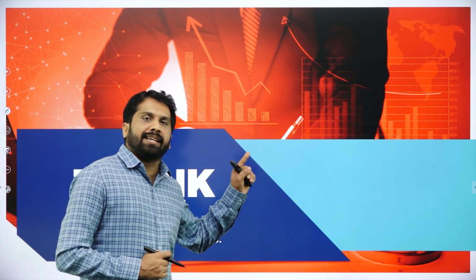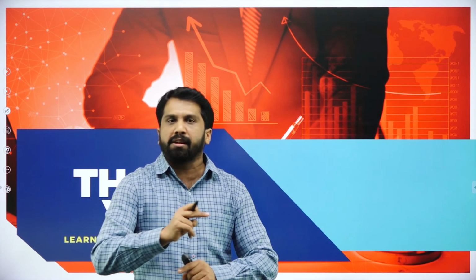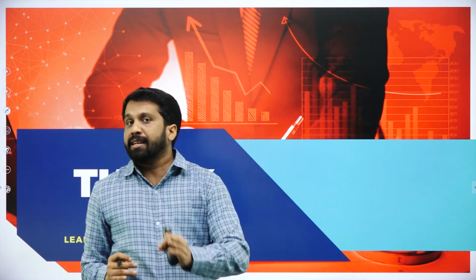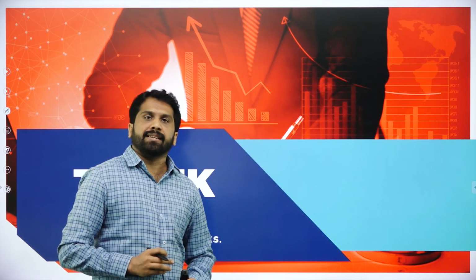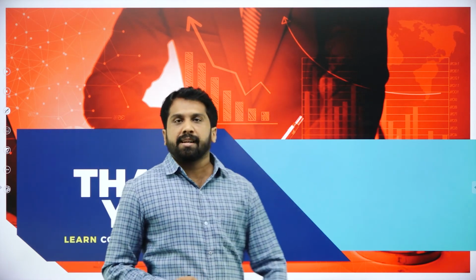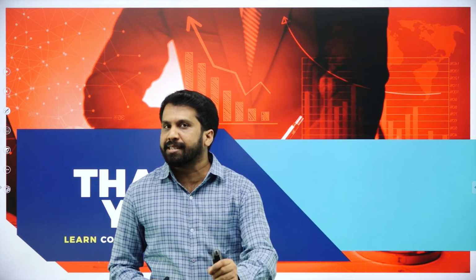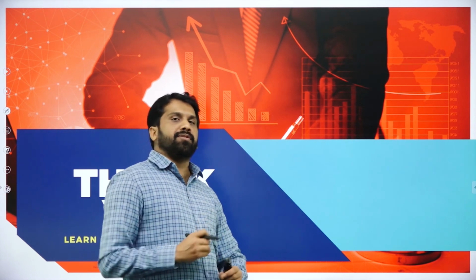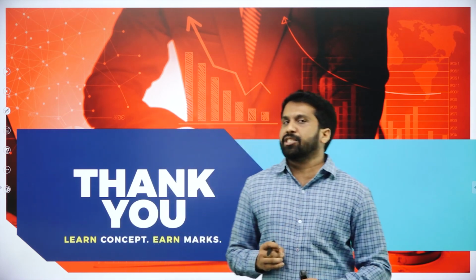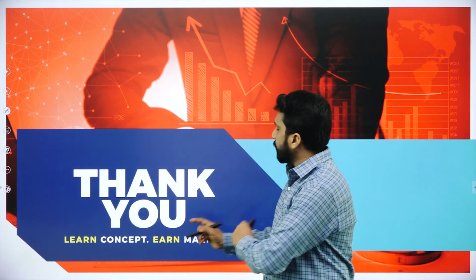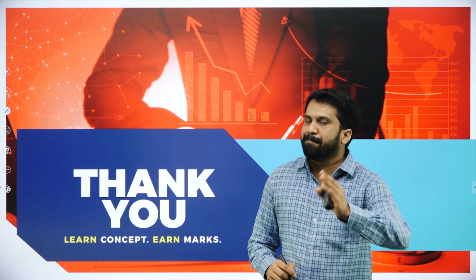Whatever format I gave you, the same format you have to follow. But direct expenses you have to be careful while considering. And also I'll give you a note that sales you should not consider under cost of goods sold. This is all about today's session. We'll end this session with a saying: learn concept and earn marks.